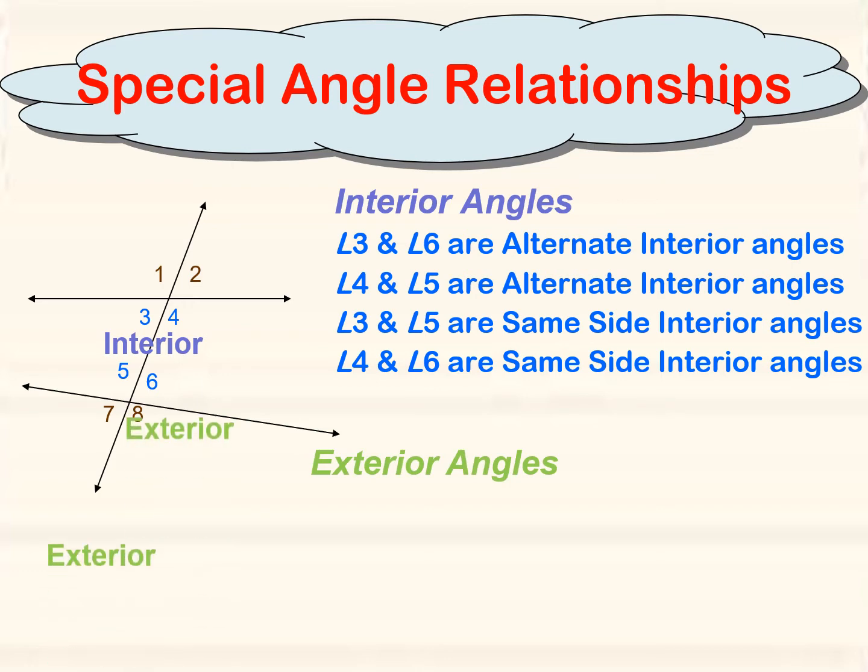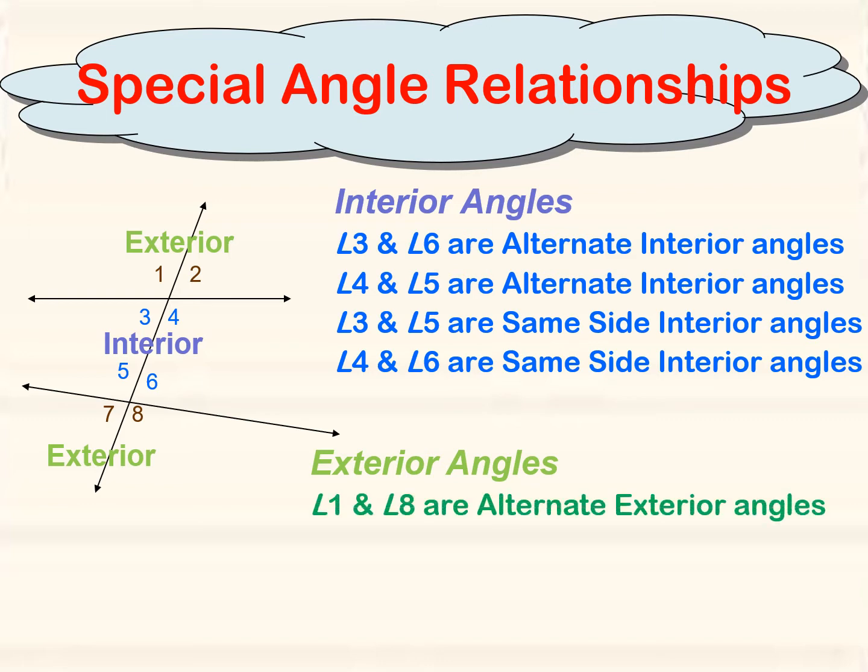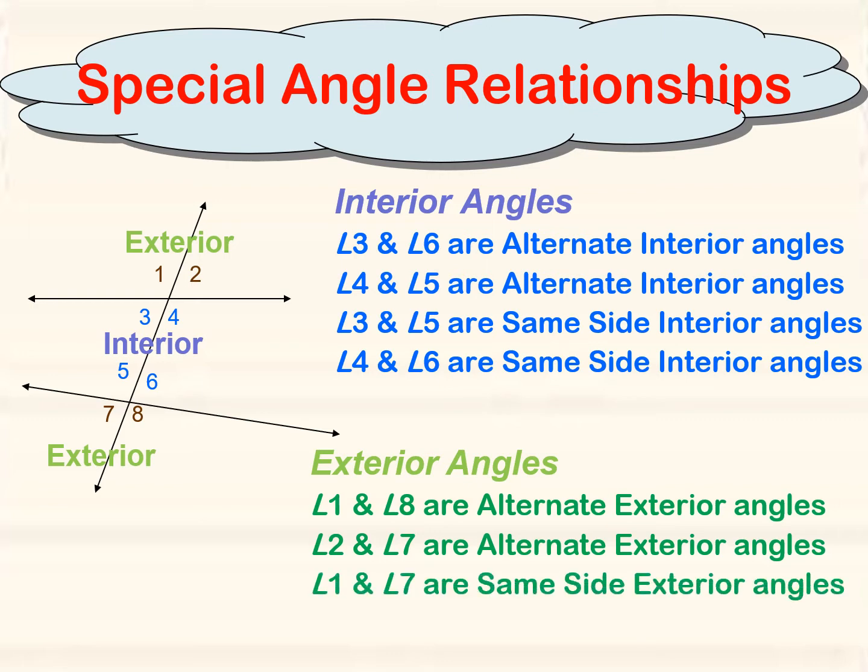Then we move on to exterior angles. Exterior means they are outside. So angle 1 and angle 8 are alternate exterior angles, and angle 2 and angle 7 are alternate exterior angles, while angle 1 and angle 7 are same side exterior angles, and angle 2 and angle 8 are same side exterior angles.